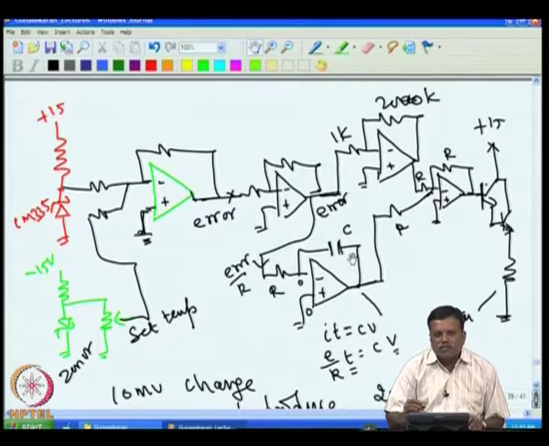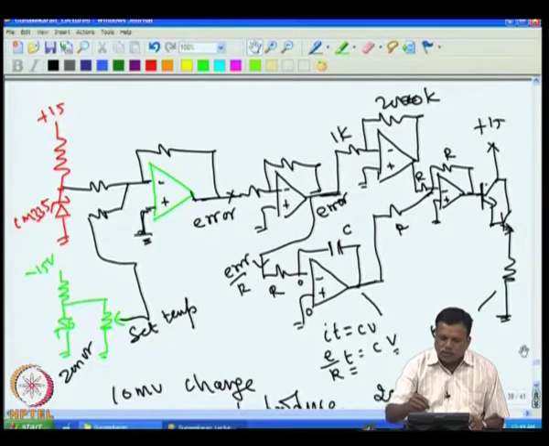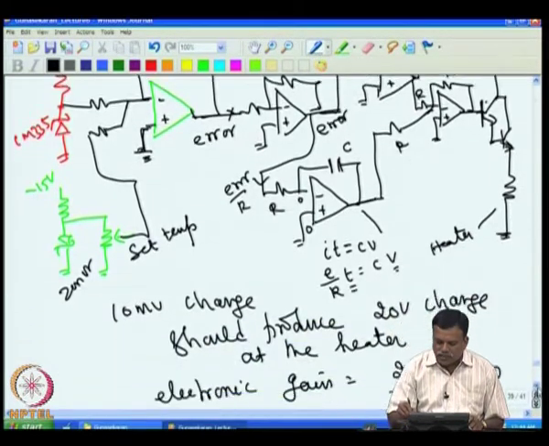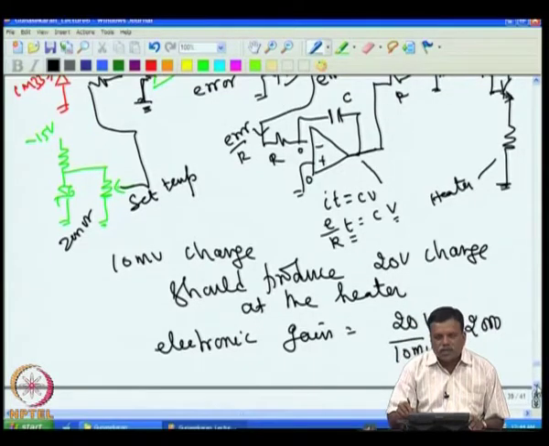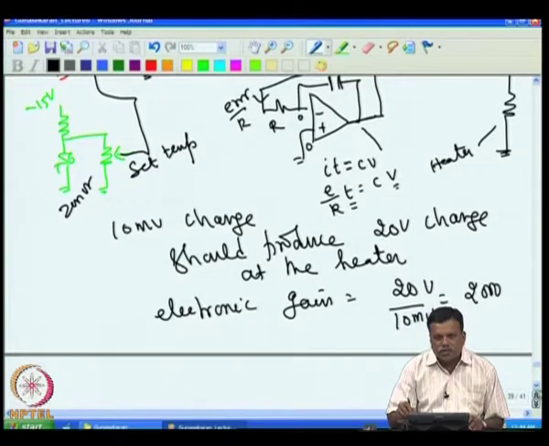I will not explain it in this class; I will explain how to do this in the next class, because this kind of scaling is ignored in almost all the textbooks, and then invariably when you design the controller it gets into a lot of oscillation, and then a lot of trial and error is done.